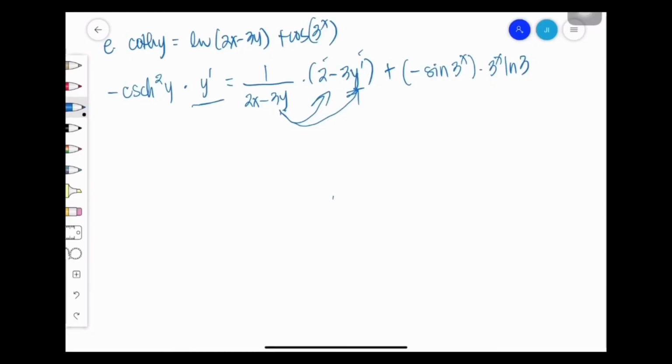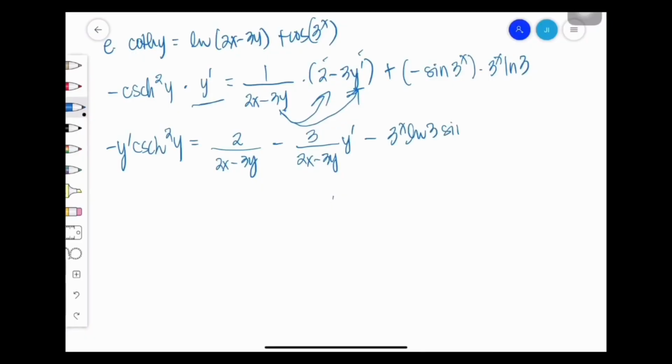We have negative y prime hyperbolic cosecant squared y equals 2 over 2x minus 3y minus 3 over 2x minus 3y y prime minus 3 to the x ln 3 sine 3 to the x.